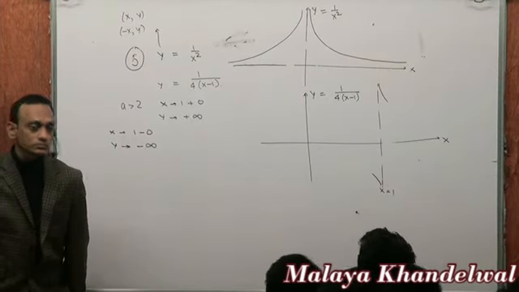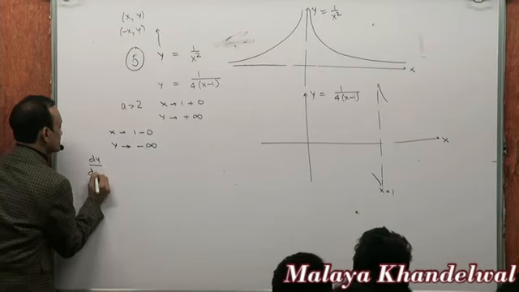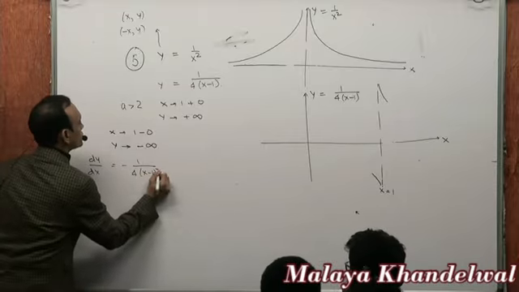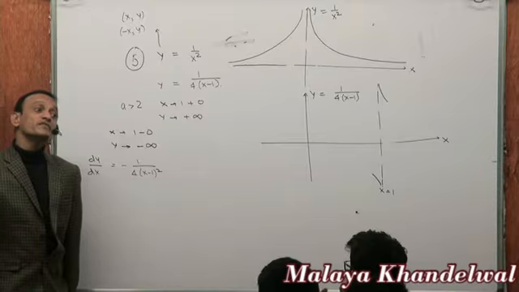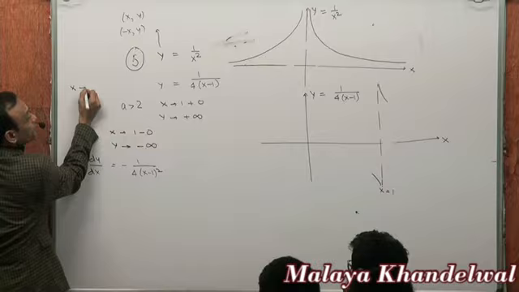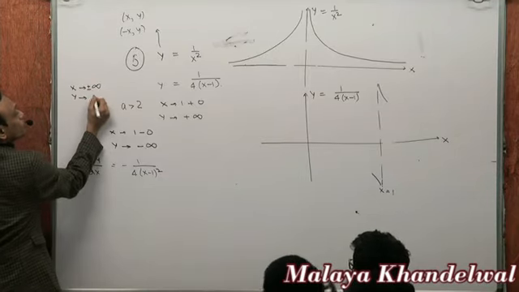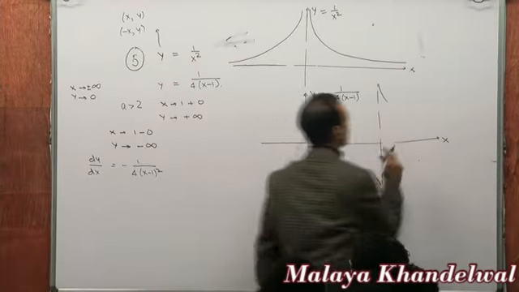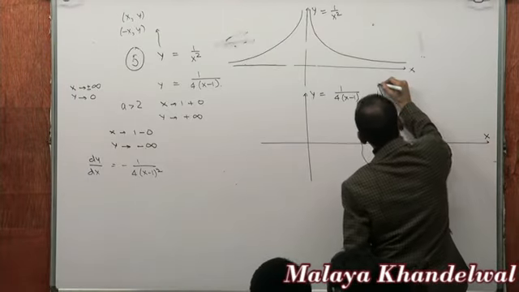So that means down below it must be something like this, right? Also, what is dy/dx? dy/dx for this is minus 1 by 4 into (x minus 1) whole square. Always negative. That means it's forever decreasing. Also, as x tends to infinity, y tends to 0. Good, all these facts put together, and it has no turning point. It's decreasing throughout.